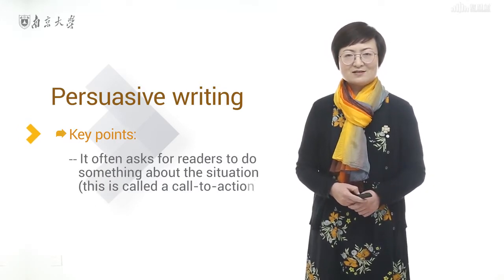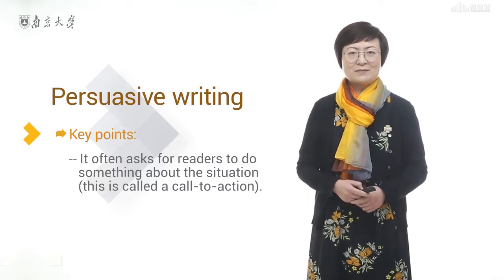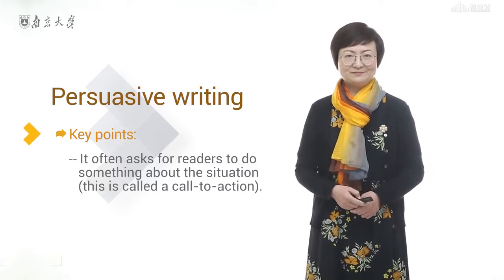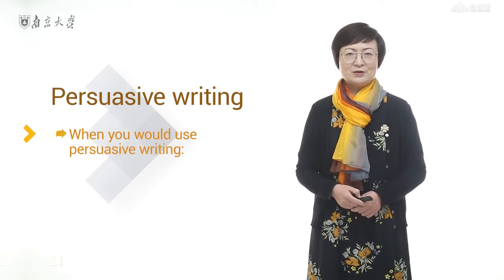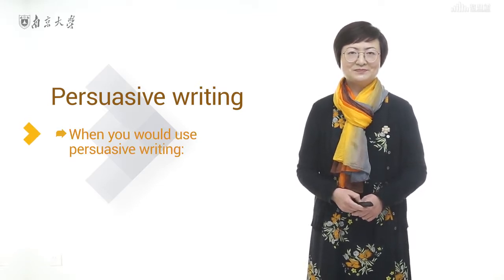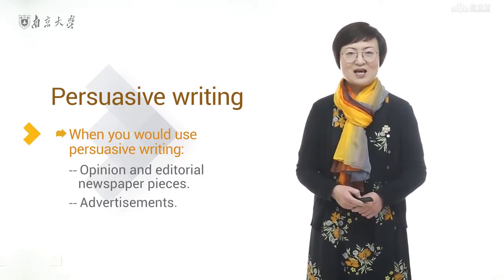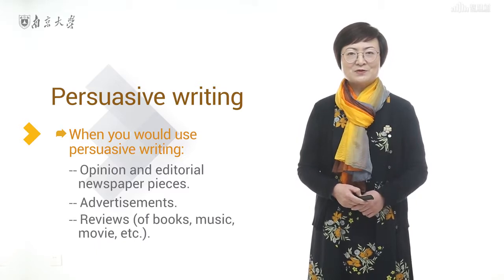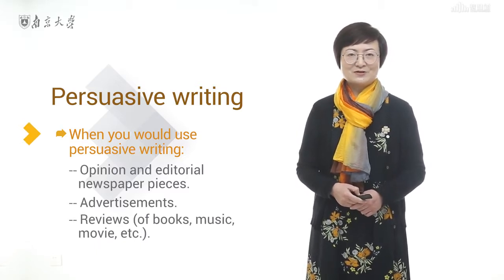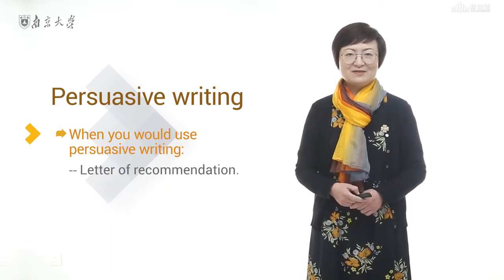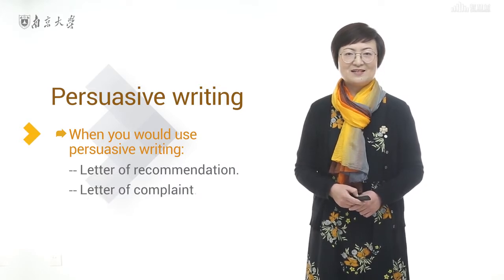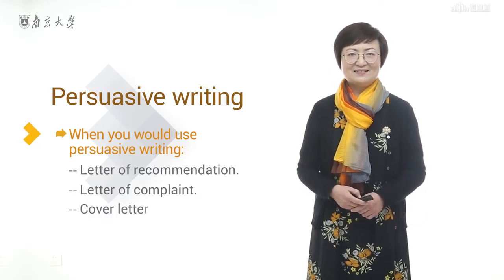It often asks readers to do something about the situation. You use persuasive writing in opinion and editorial newspaper pieces, advertisements, reviews of books, music, movies, restaurants, etc., letters of recommendation, letters of complaint, and cover letters.